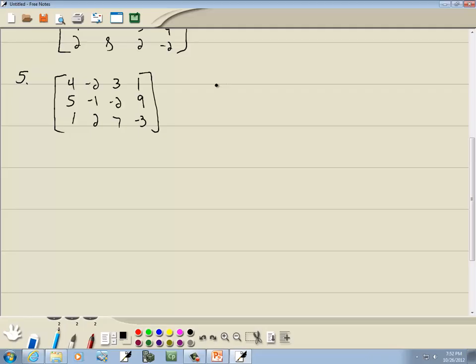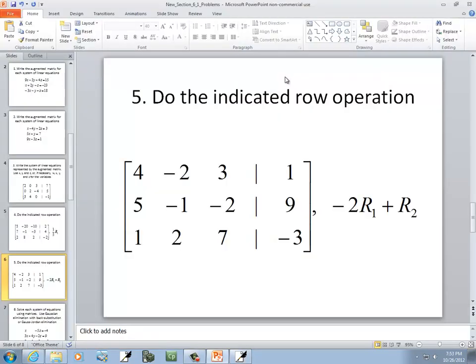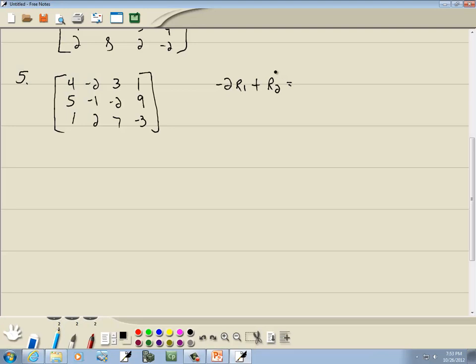And the instructions say to take negative 2 times row 1 and add that to row 2. So negative 2 times row 1 plus row 2. What that's going to do is give us our new row 2. Row 1 does not change.